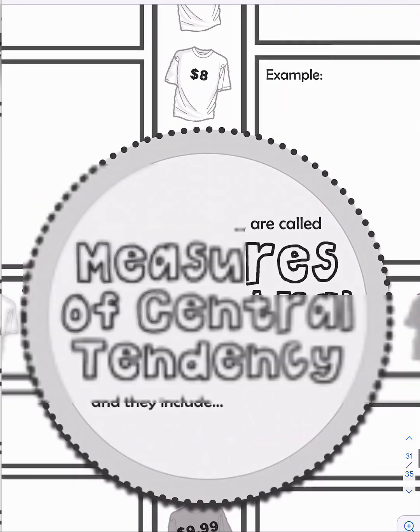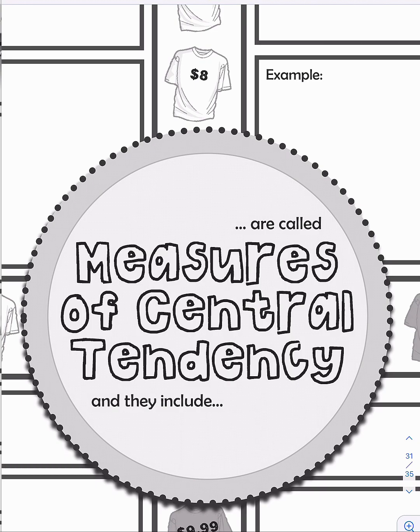So measures of central tendency, the definition of it is these are the values that represent the center or typical item in a data set.